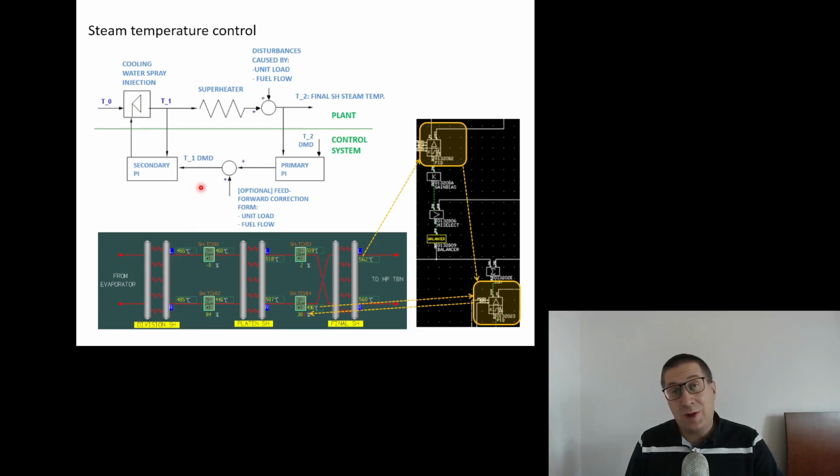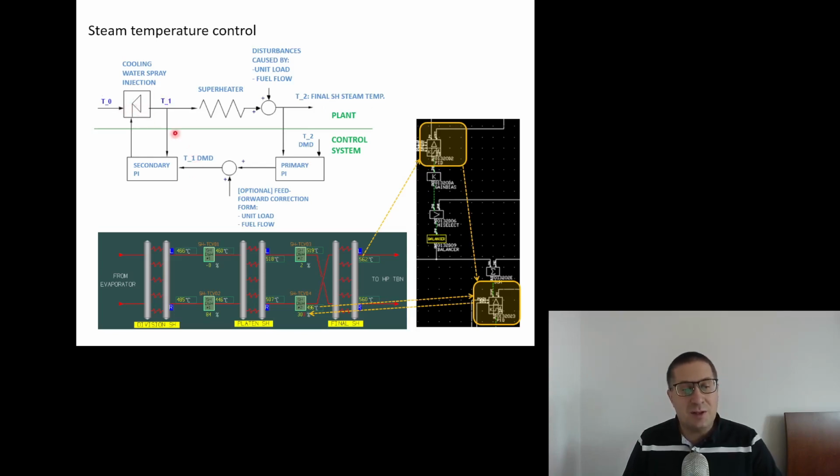In fact, what we are doing while implementing AI algorithms is adding another layer of decision strategies, right? So for instance, if we would like to make a model that tries to find an optimal final superheated steam temperature, we would not calculate what should be the cooling water spray injection, right?